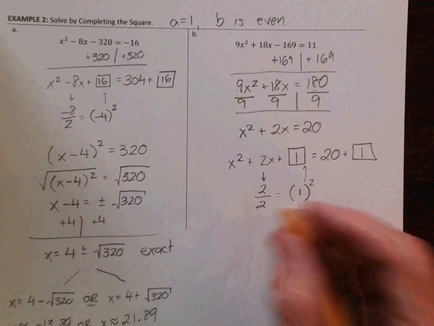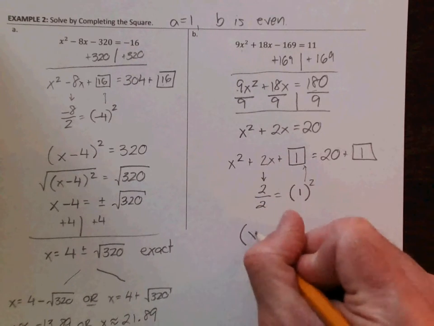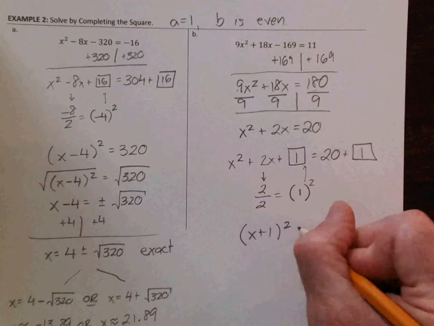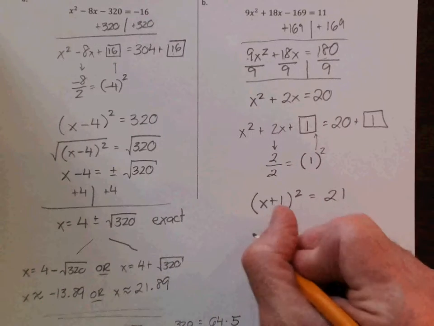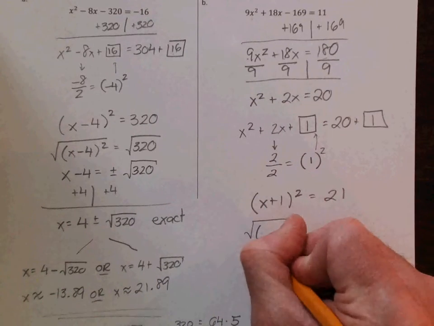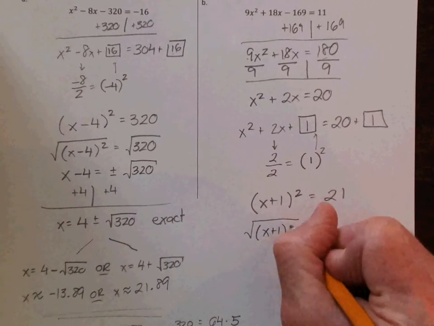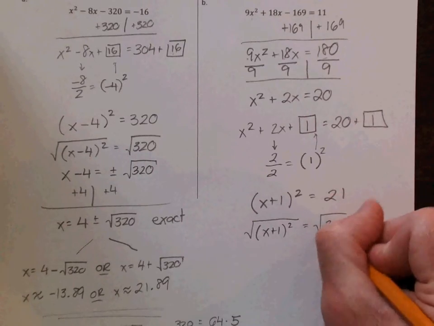So I will get x plus 1 quantity squared is equal to 21. And now I can solve this using square roots. Take the square root of both sides. X plus 1 quantity squared equals the square root of 21.